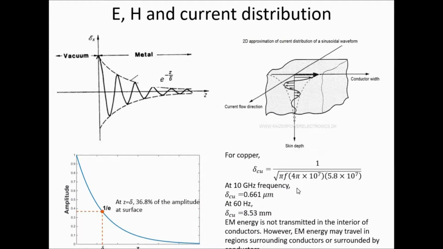The EM energy is not transmitted in the interior of a conductor. However, electromagnetic energy may travel in the region surrounding conductors or surrounded by conductors.